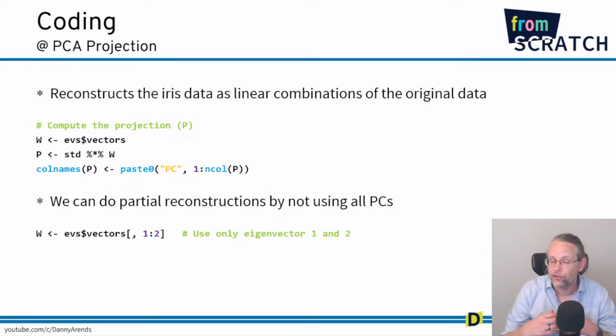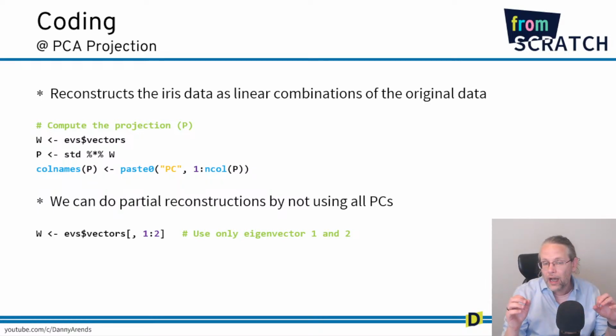If we want a scaled down version of the iris data set, we could store just the first 2 principal components, because with just those we can reconstruct 95% of the variance in the data. That means we could compress this data set by around half. Instead of storing the 4 features, we store the first 2 principal components, which are still good enough to reconstruct most of the variance.